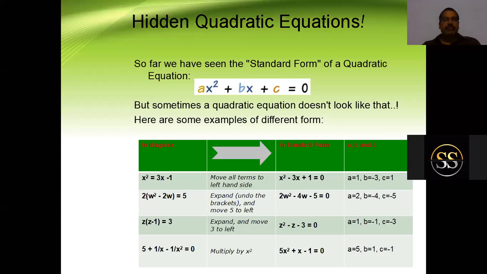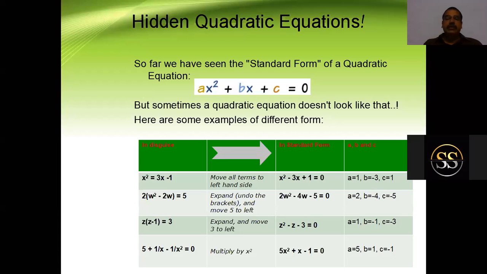Here, 5 plus 1 by x minus 1 by x square equal to 0. If you multiply by x square, then 5x square plus x minus 1 equal to 0, a equal to 5, b equal to 1, c equal to minus 1.